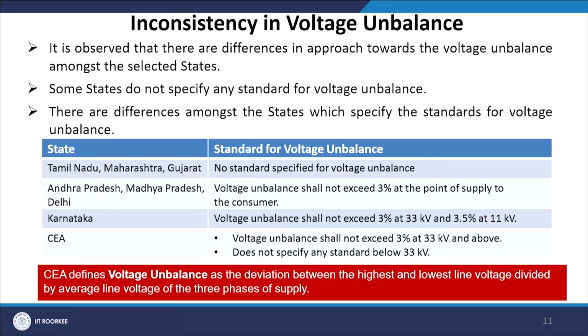It is observed that there are differences in approach towards voltage unbalance amongst the selected states. Some states do not specify any standard for voltage unbalance, and there are differences among the states who specify standards, and hence we need to have a common standard and common voltage unbalance range acceptable across the system and across the country. Probably that would help to a larger extent.